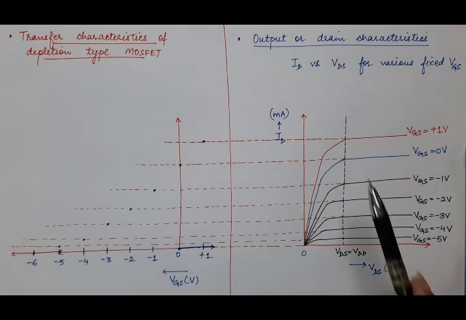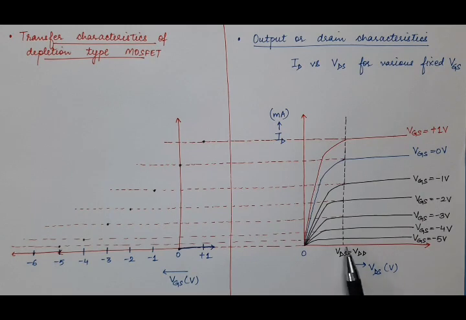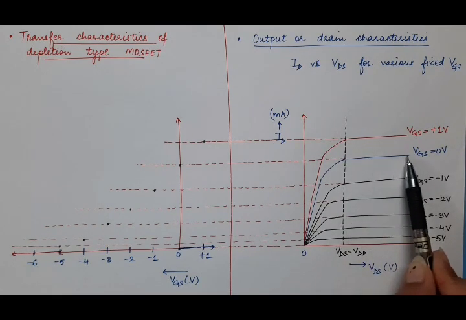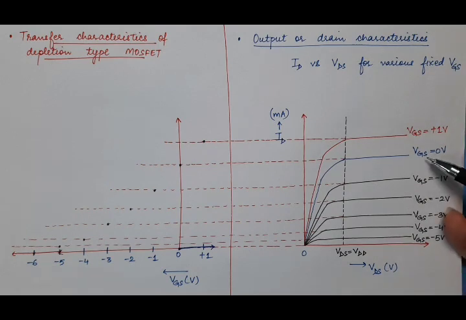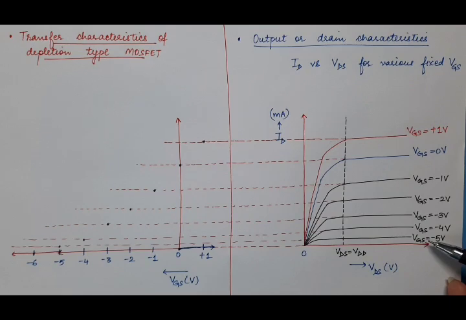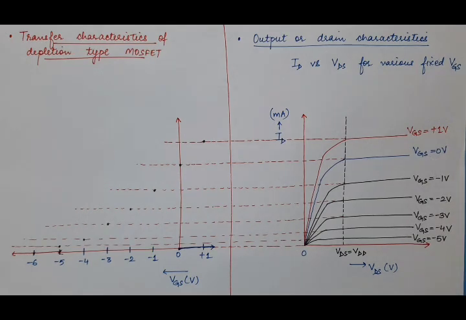So the amount of drain current becomes constant after that, even on increasing VDS by a large amount. Then when we have made this VGS negative, the drain current has decreased from the drain current in the case of VGS equal to 0 volt. So this will be the case.